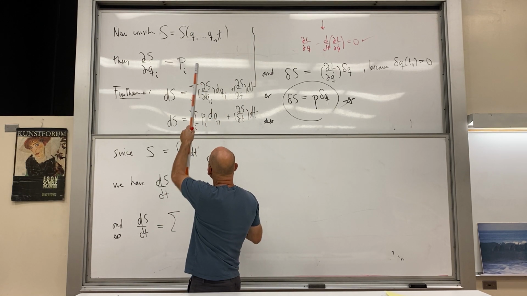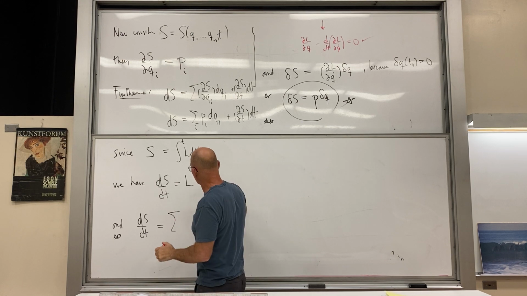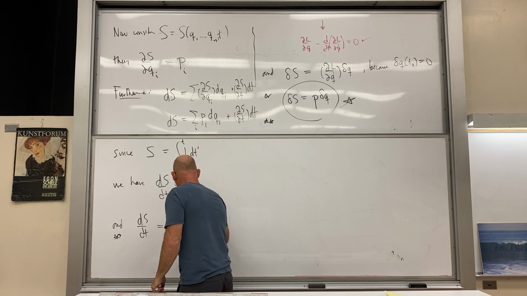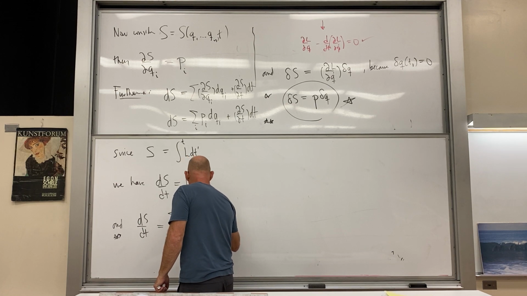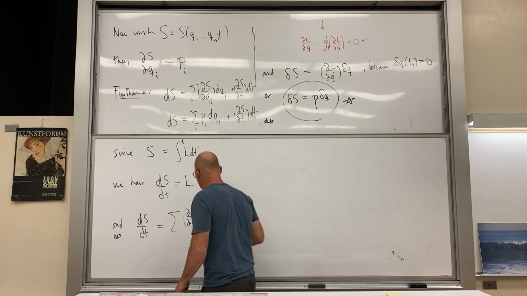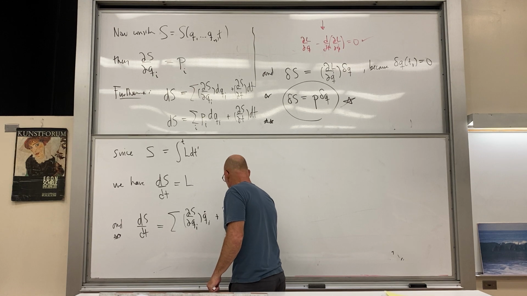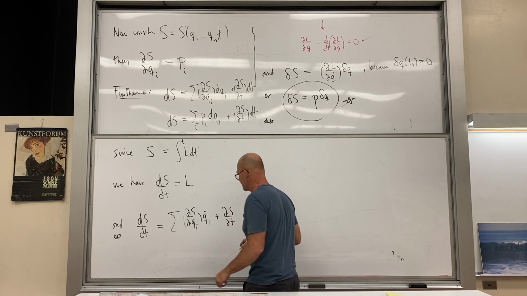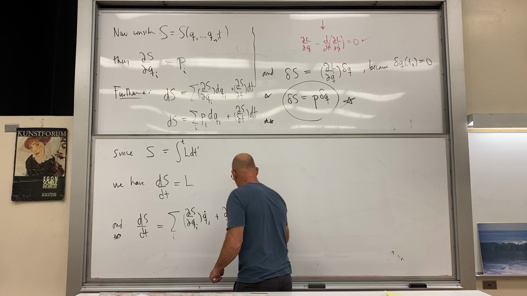Same thing. We get ∂S/∂qi q̇i plus ∂S/∂t, outside of the sum.